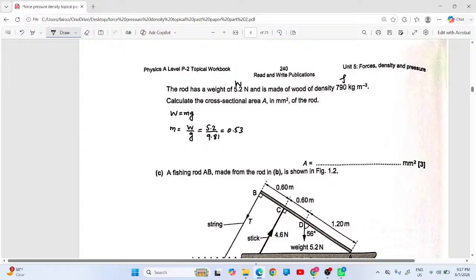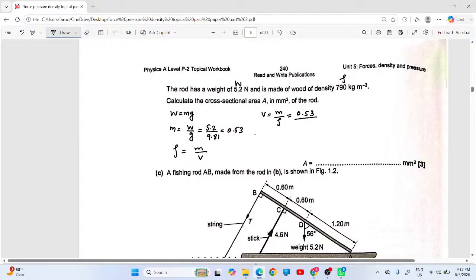0.53. And we know that density equals mass over volume. So volume equals mass over density. Mass is 0.53 over density.